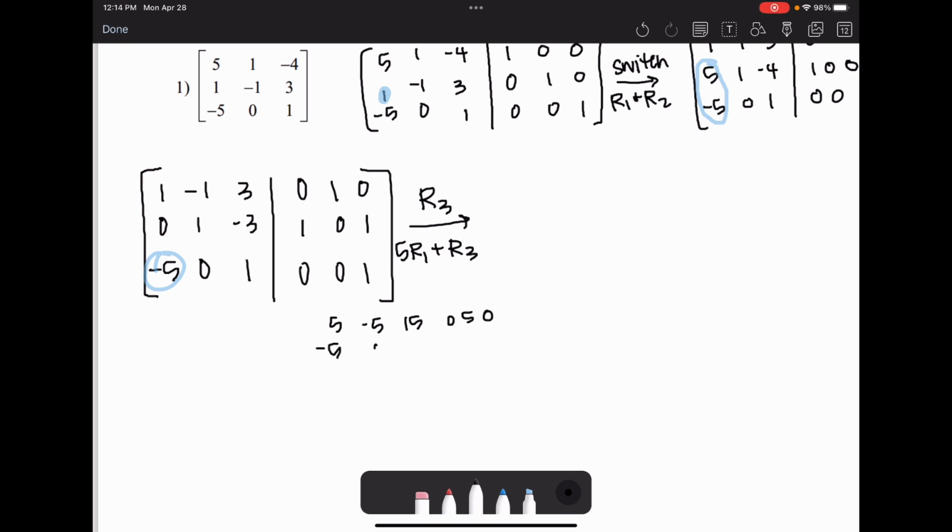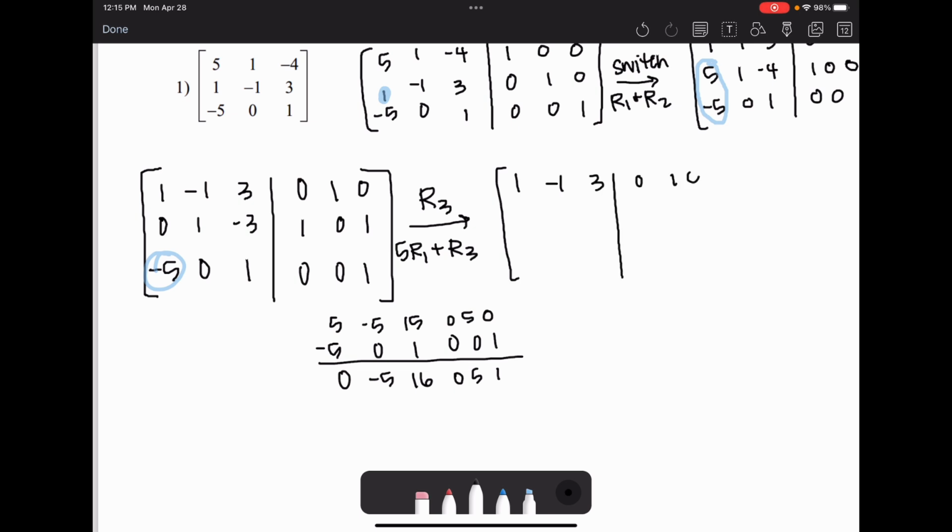And that would be -5, 0, 1, 0, 0, 1. So that would be 0, -5, 16, 0, 5, 1. And that's our new row 3. So now I can just copy the other 2 rows that didn't change in this step. And this one did. So 0, -5, 16, 0, 5, 1.